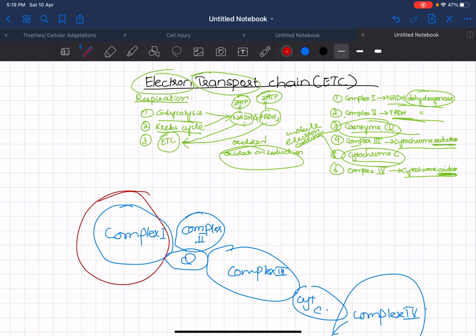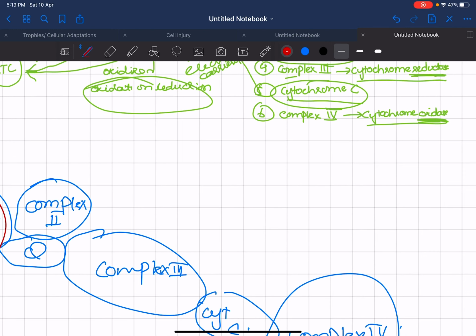What was complex number 1? NADH dehydrogenase. Remember this. Now I'm going to be telling you this. Whenever you hear the word dehydrogenase, it means the removal of hydrogen. So what do you mean when you hear the word NADH dehydrogenase? That there is going to be removal of hydrogen from the NADH.